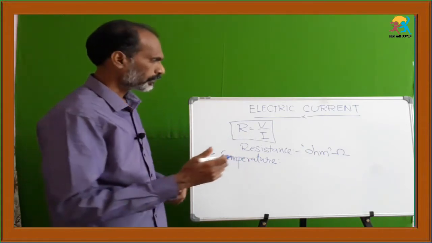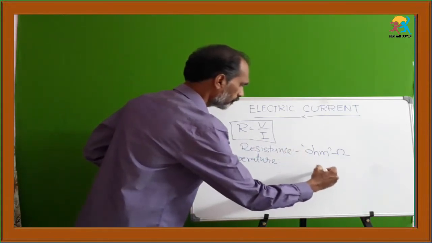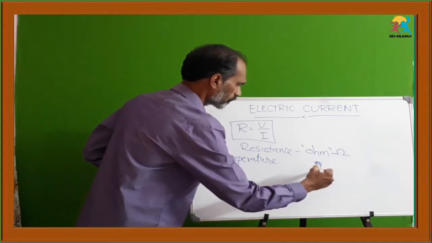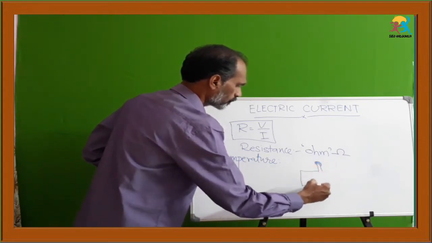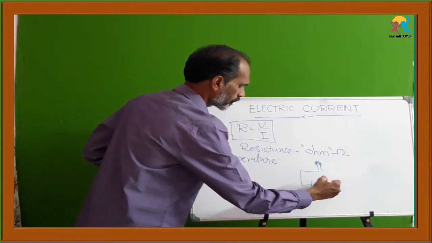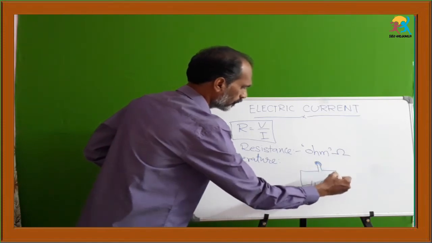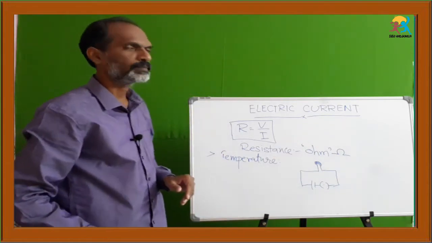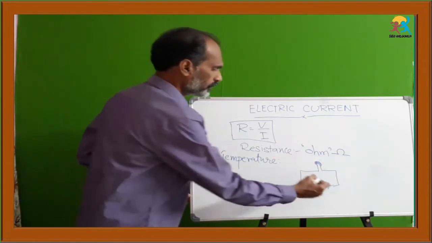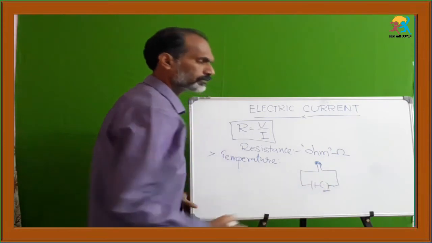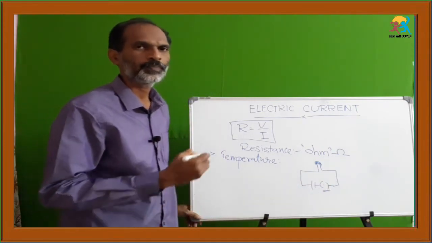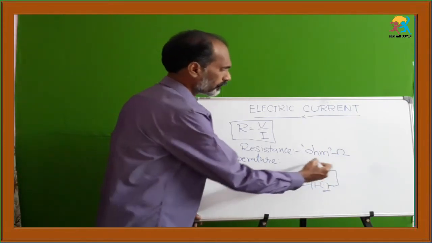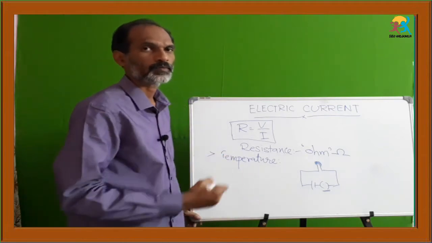Now take one electric bulb. It is connected to a battery through a switch, and the other end of the switch is connected to the other terminal of the bulb. When the switch is open, no current travels through the circuit, so the bulb doesn't glow.